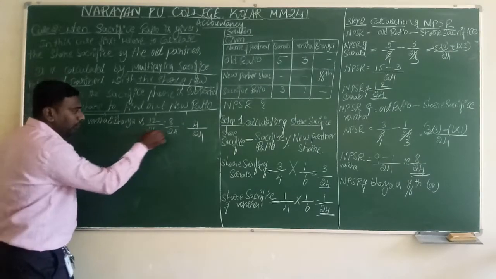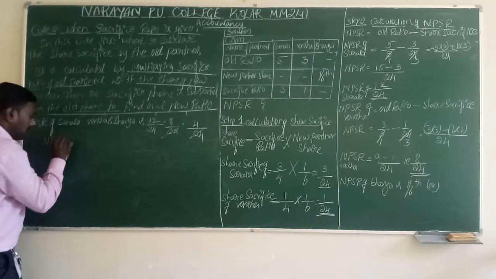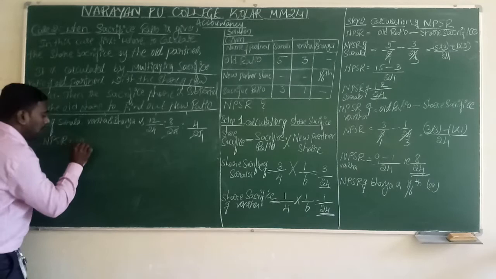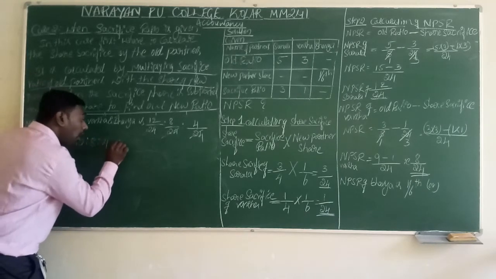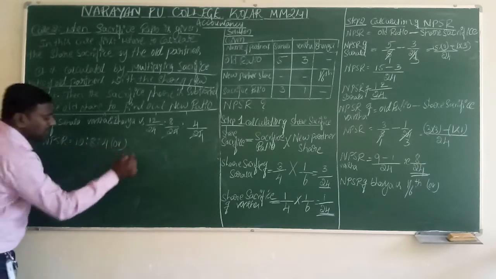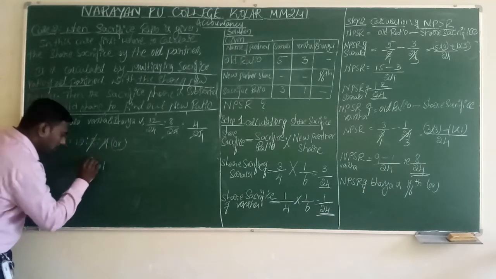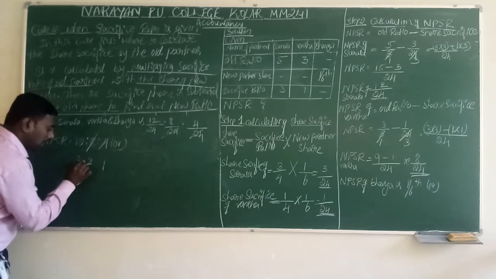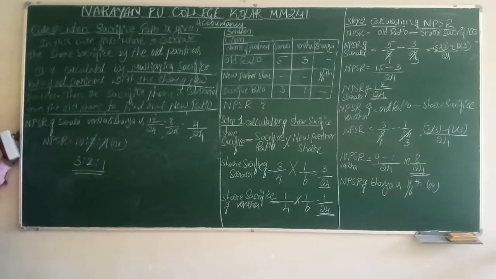Now 24, 24, 24 cancel. Therefore NPSR is 12 is to 8 is to 4, or we write it more simply, as all are divisible by a single table: 4 ones are 4, 4 twos are 8, 4 threes are 12. Instead of 12 is to 8 is to 4, we write 3 is to 2 is to 1. This is the NPSR of all partners.